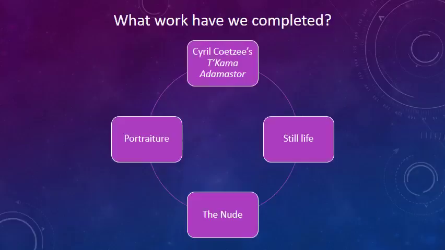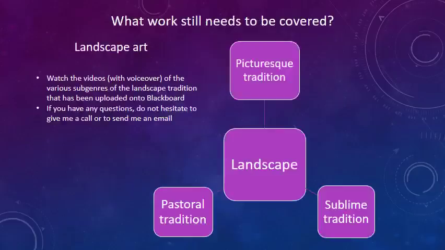We still have to look at the portraits of the other, group portraits, and portraits of children. And then lastly, what we still have to cover in its entirety is the landscape genre. There you can see the three subgenres of landscape: the picturesque, sublime, and pastoral traditions or genres.